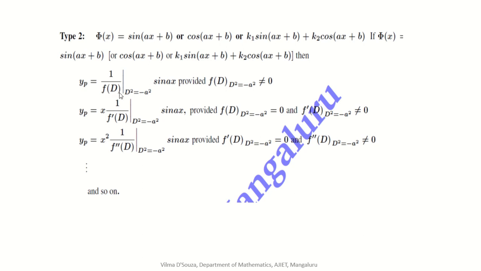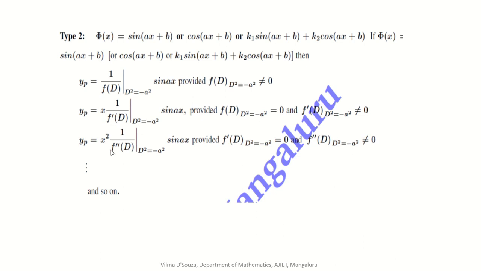So if the denominator is not equal to 0, then the entire term will be your yp. If the denominator is 0, as in the previous case, you are multiplying by x and differentiating the denominator. Multiply by x to this, x into 1 by f dash of d of sin ax. Again repeat the procedure, put d square is equal to minus a square. If the denominator is not equal to 0, this itself is your yp.